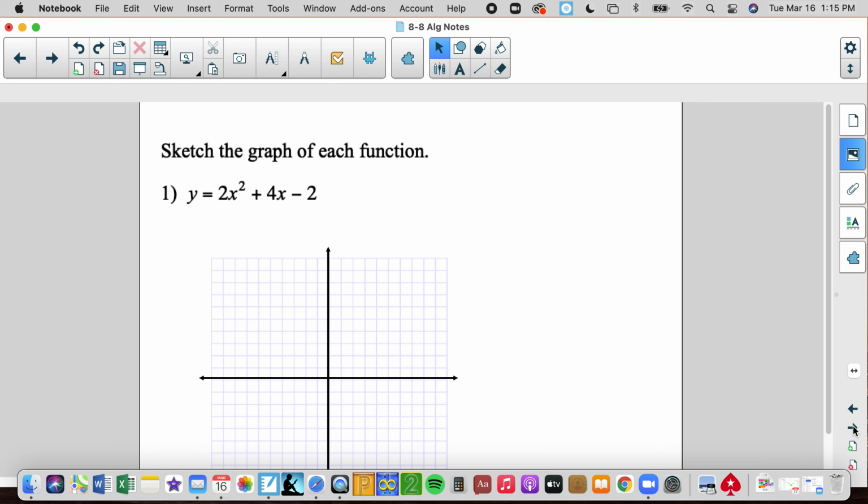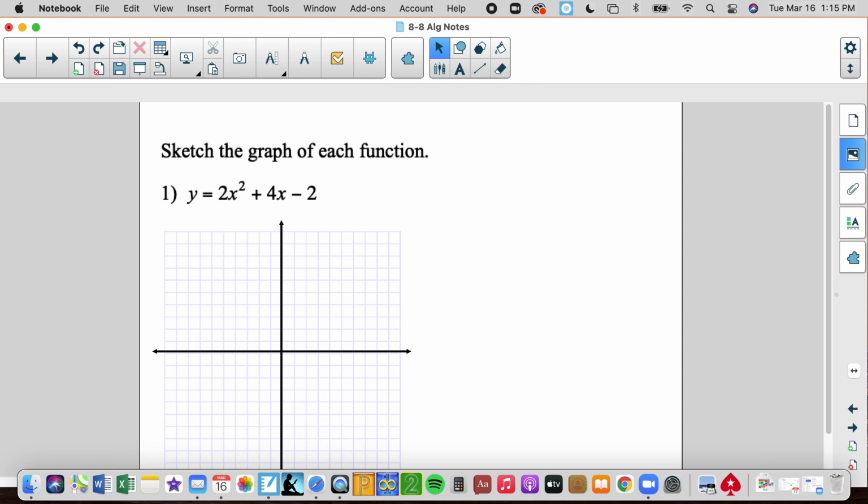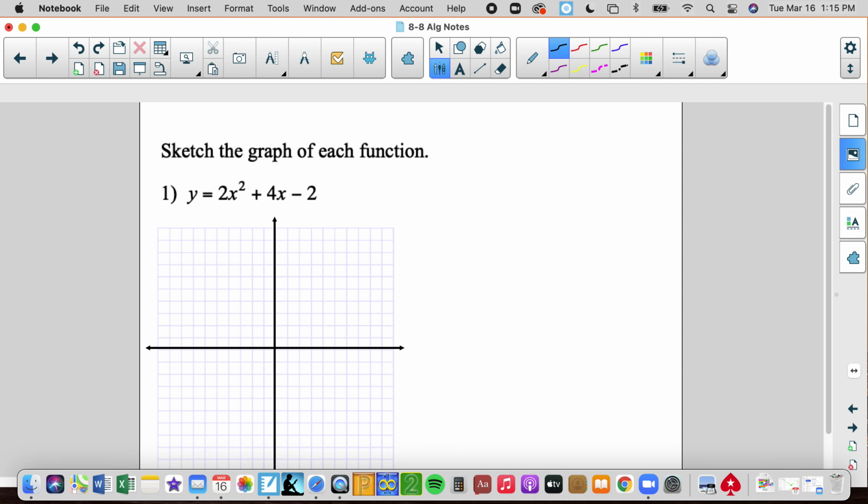Then you want to find a fourth point. And then you want to find its mirror point. And then I want you to connect those dots. So pause the video. Take a moment to do all that. And then when you're ready, let's go over it and we'll see if your answers fit my answers. When you're ready, push play.